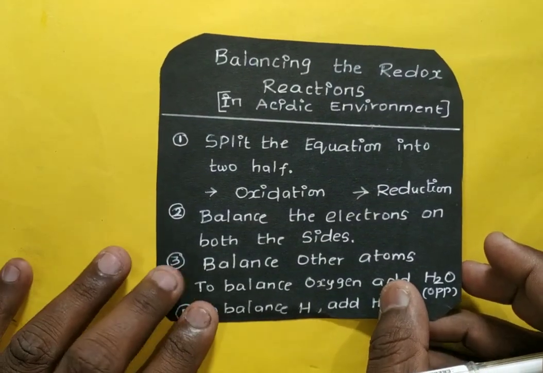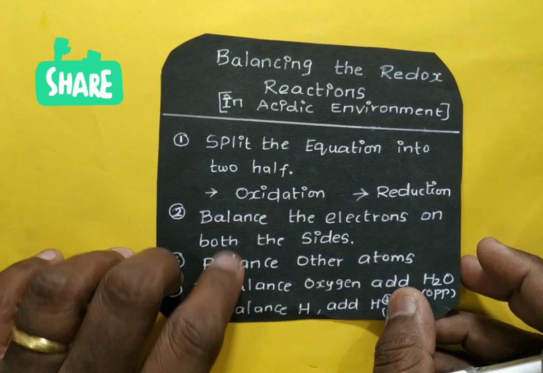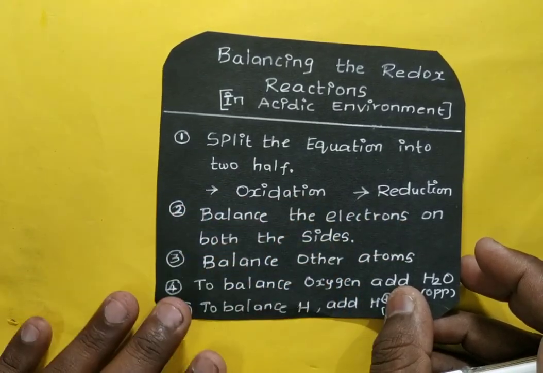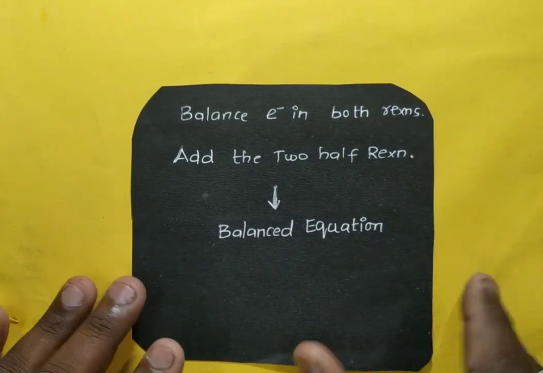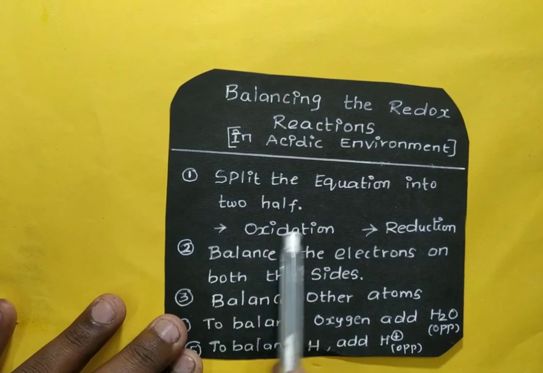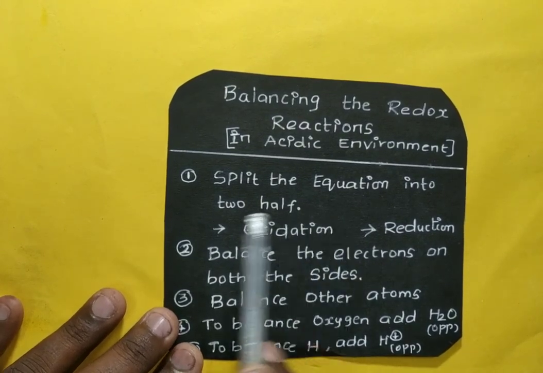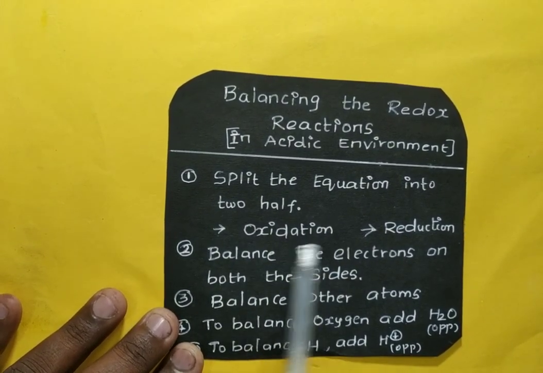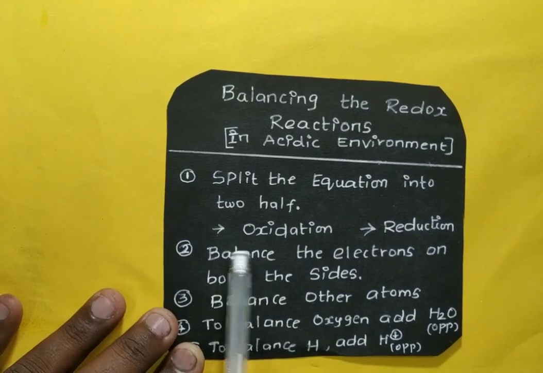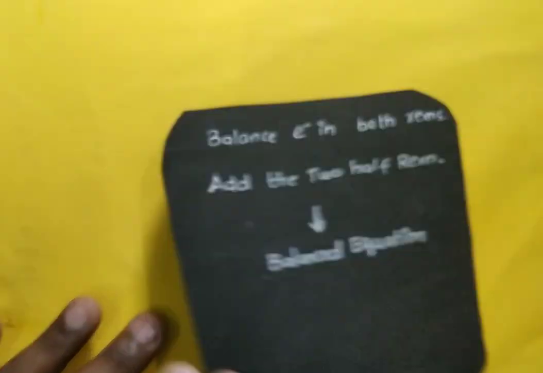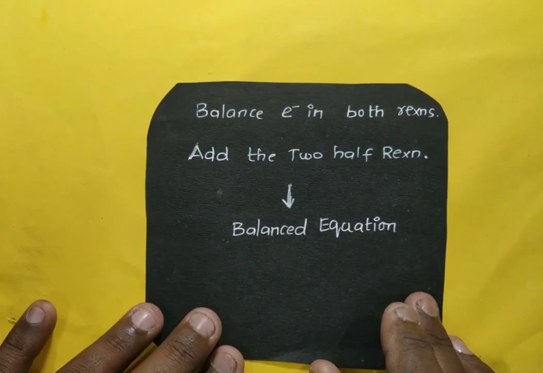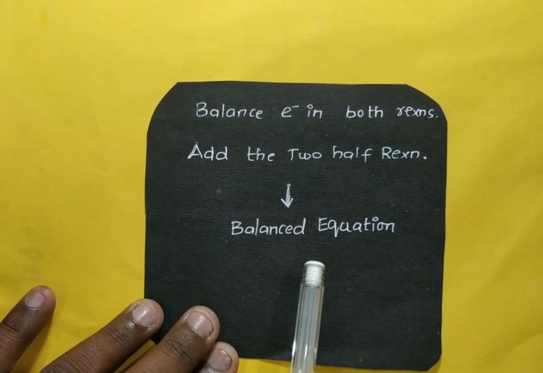If I follow the simple steps, you will get the balanced oxidation reaction and the balanced reduction reaction. Before that, balance both the reactions. If you use the simple steps, you will be able to solve the oxidation half as well as the reduction half.